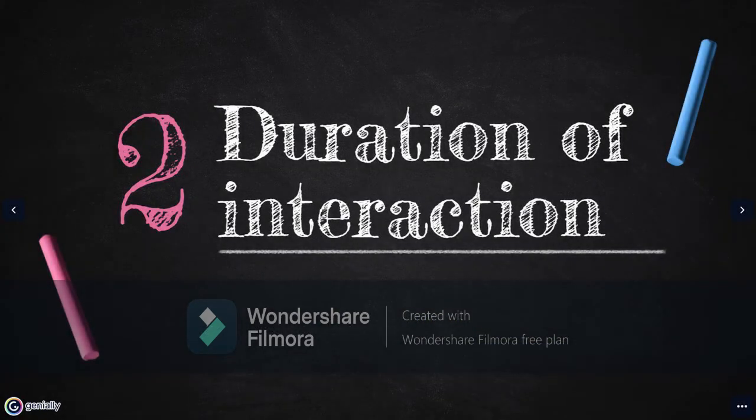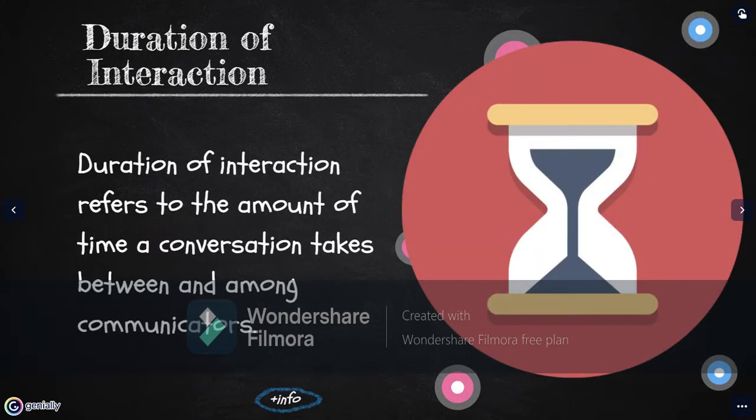The second factor is duration of interaction. This refers to the amount of time a conversation takes between and among communicators. When the conversation is too short, and you listen to the speaker with the purpose of getting information, would you think you will get enough information? How about if the conversation is too long that you find yourself too overwhelmed with all the information being shared?